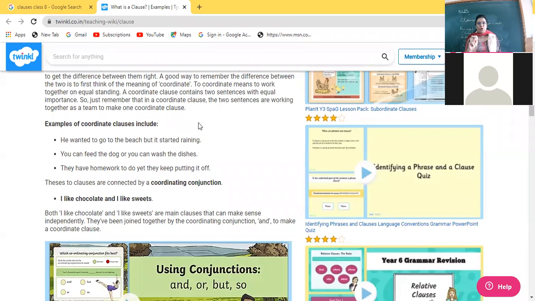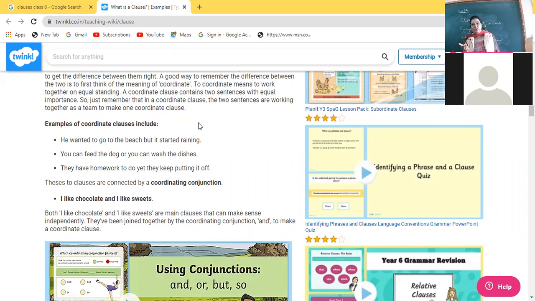They have homework to do, yet they keep putting it off. So which are the conjunctions, the clauses over here? They have homework to do, they keep putting it off, yet, isn't it? Right. Now here they are joined by a coordinating conjunction.